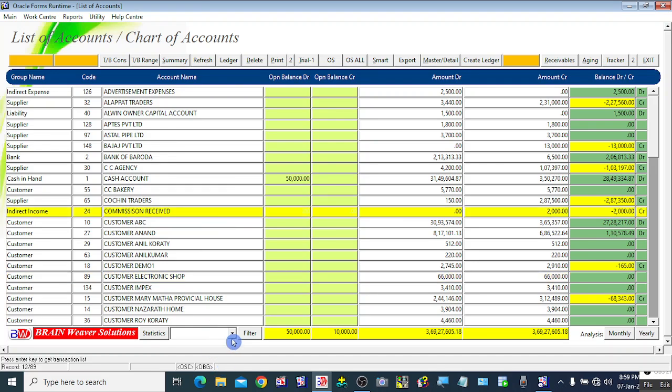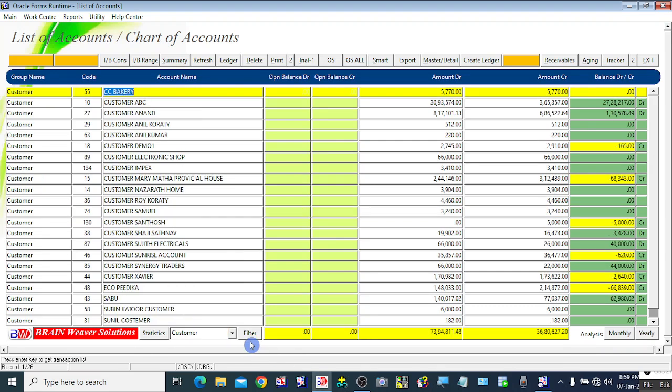Down below, we can see a combo box for various account groups. Choose the customer from the list, and by clicking the filter button, we can see these are the receivables at the moment.